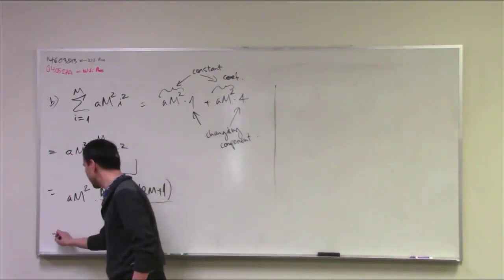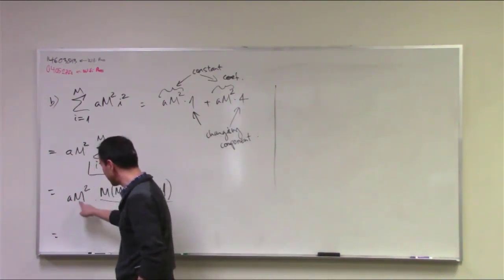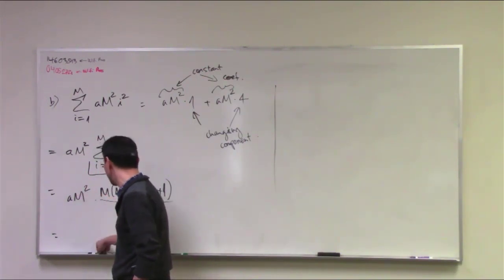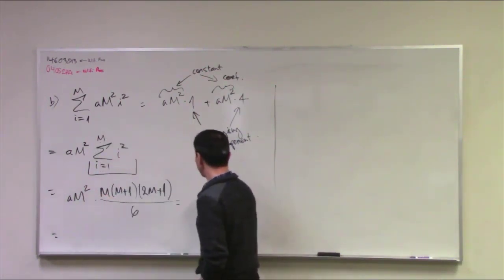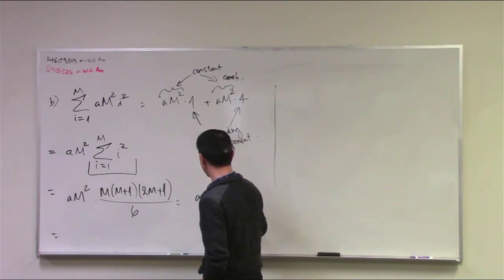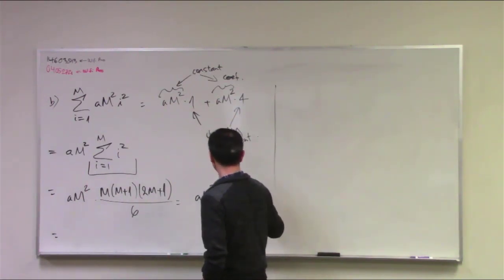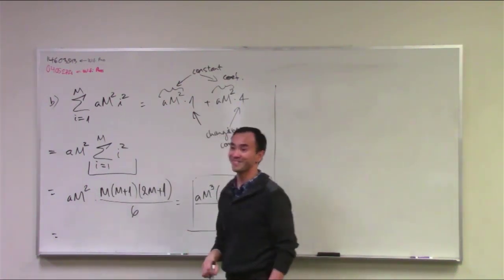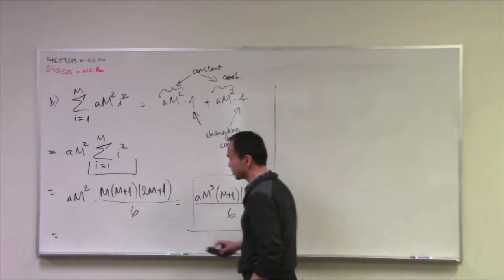And here's the thing: like I said earlier, this m and that m are the same m. So m squared times m, we're looking at the final one being a m cubed, times m plus 1 times 2m plus 1, which is a lot shorter that I can fit it all into this small remaining space. That's the general expression I was talking about.